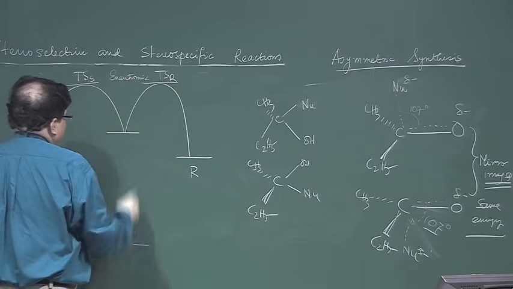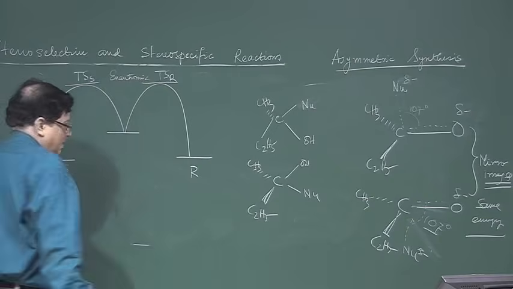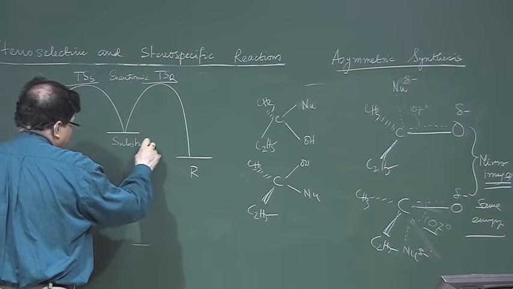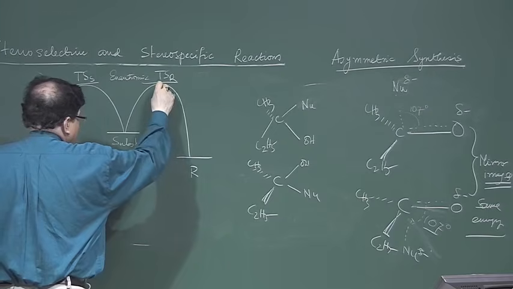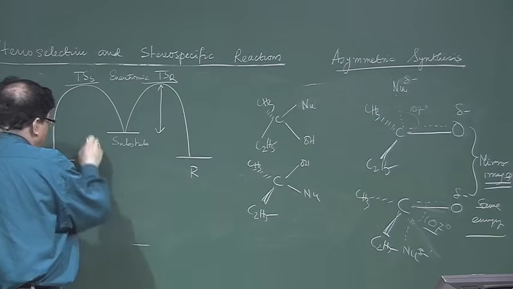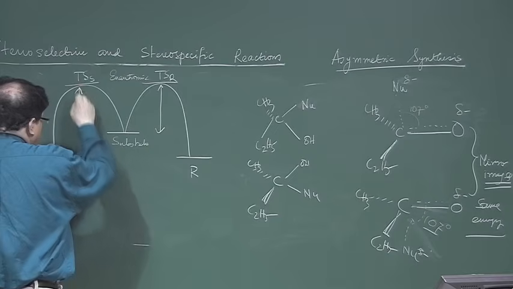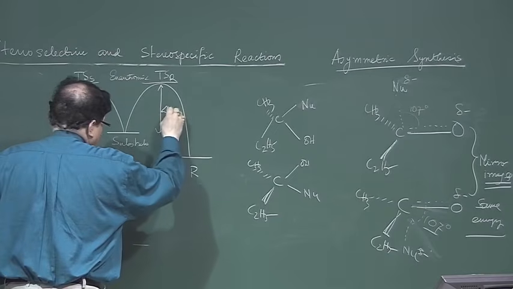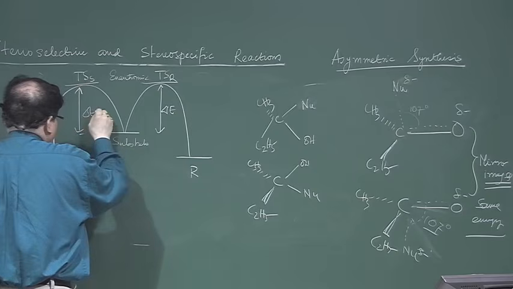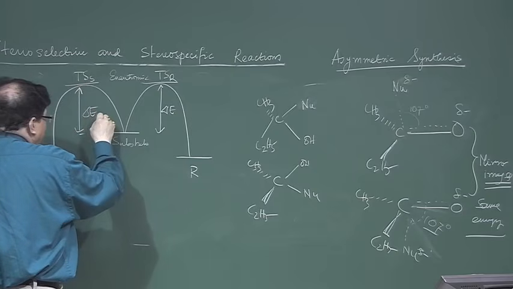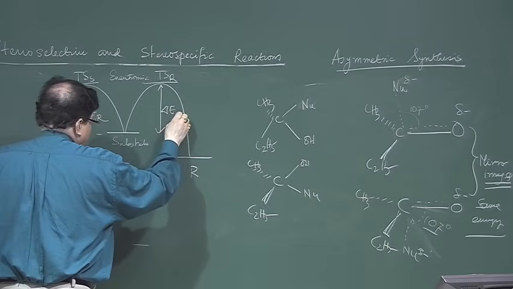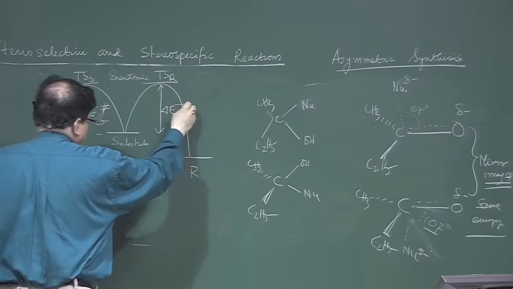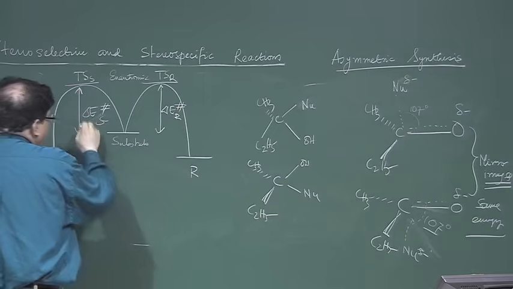If that is the case, they have the same energy. This is your substrate, the starting ketone. The activation energy for the formation of the R compound is the same as the activation energy for the formation of the S compound. So, this is delta E R and this is delta E S, and these two are the same.